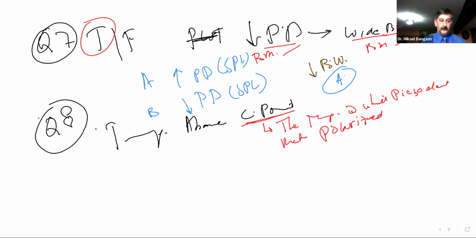Or if you don't want to say polarized, you can replace it by saying it can convert one form of energy into another form.